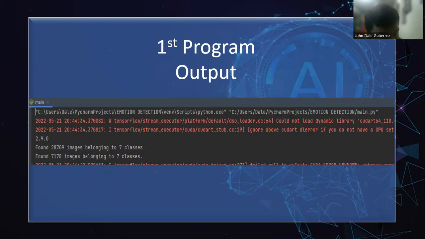If you notice, the first output declares that the training data has 28,709 images belonging to 7 classes, and the test data has 7,178 images belonging to 7 classes.